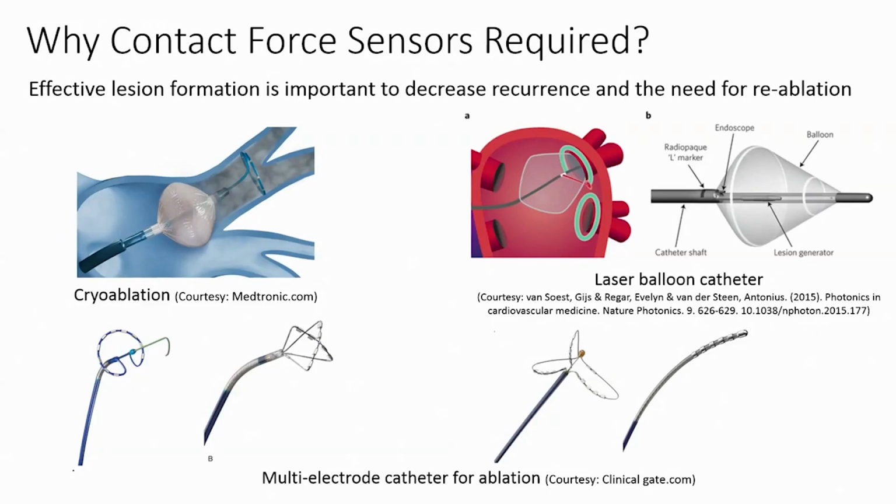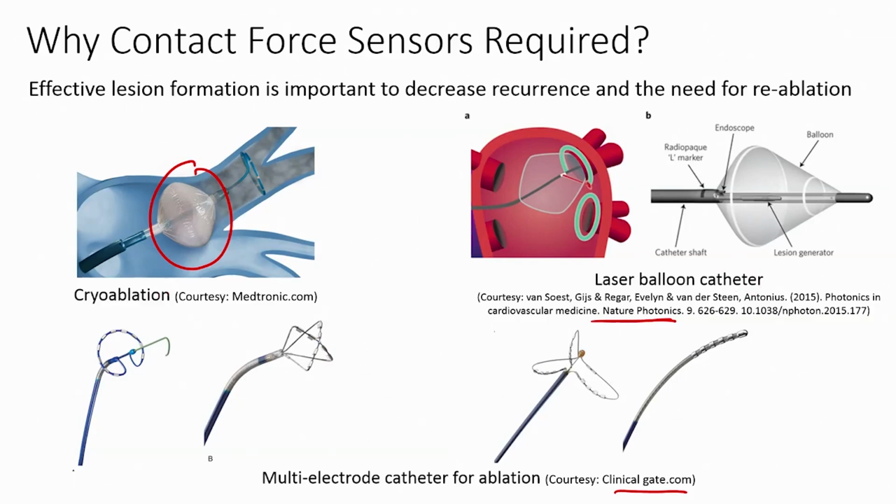Now, you can see here cryoablation, this is a balloon catheter, the laser balloon catheter. Here there are different types of catheters shown. We have taken these from clinicalgate.com and also a paper published in Nature Photonics. You can see there are multi-electrode catheters for ablation, laser balloon catheters for ablation, and catheters for cryoablation.